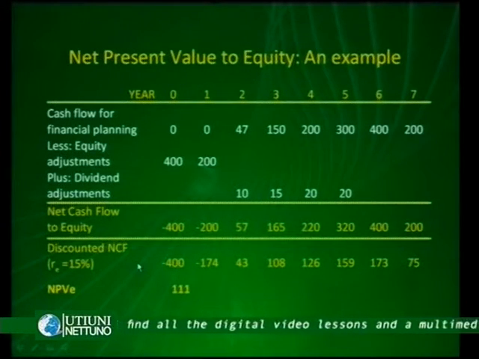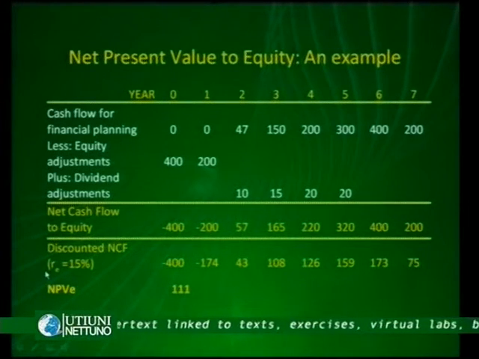At this point, we have to discount this net cash flow to equity. In this case, as we have seen in the previous formula, and we have explained the reasons for that, we discount this net cash flow to equity using the rate of return of the equity, so the discount rate that accounts for the expectation of return of the equity holder.